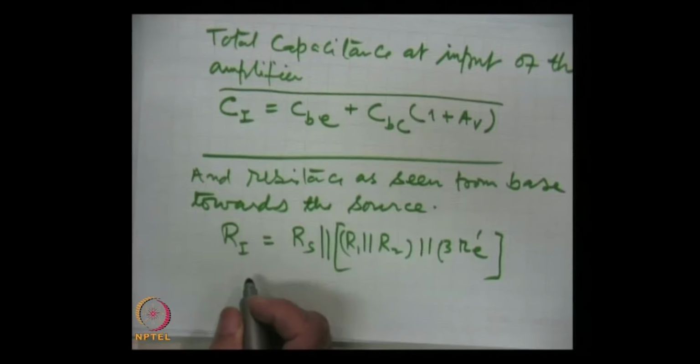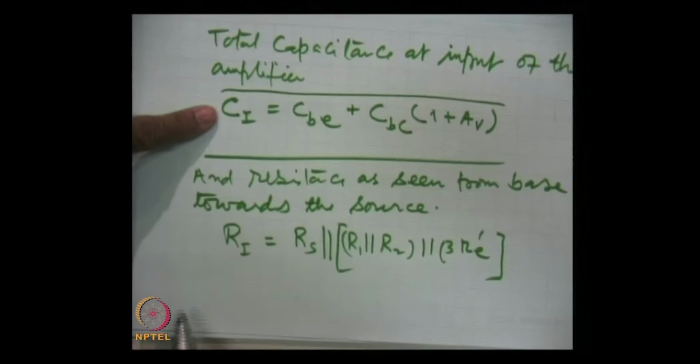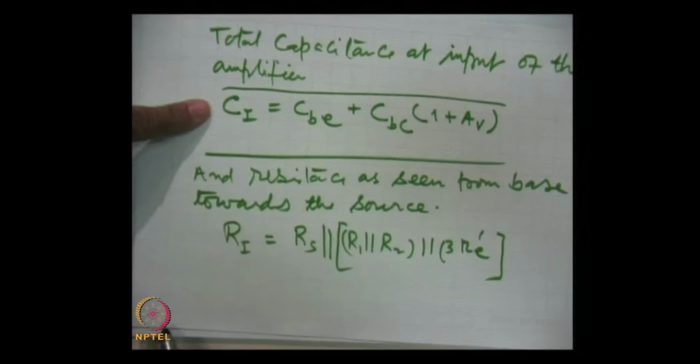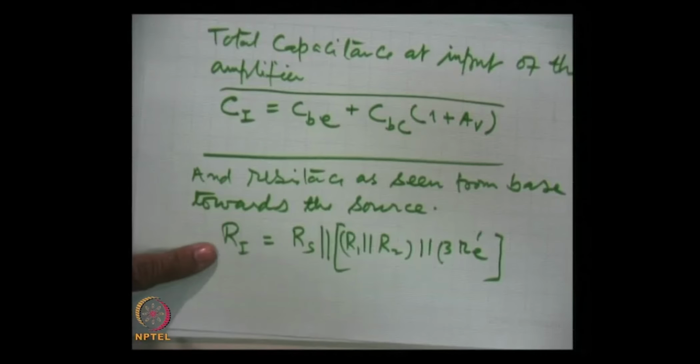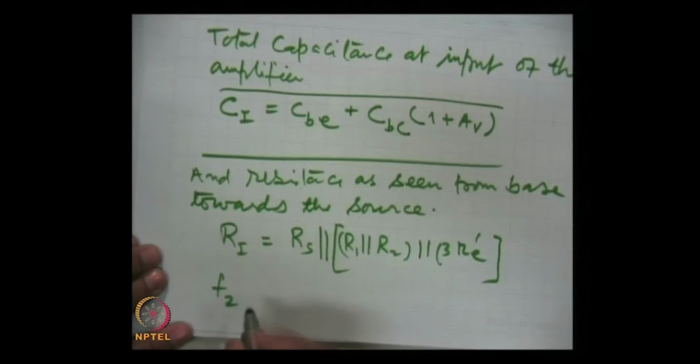Upper cutoff is actually 1 by 2 pi RC. What are the values of R, what are the values of C, they will decide the cutoff, and these are the values. The input capacitance is this much, and input resistance is this much, and so upper cutoff we may call it the first.